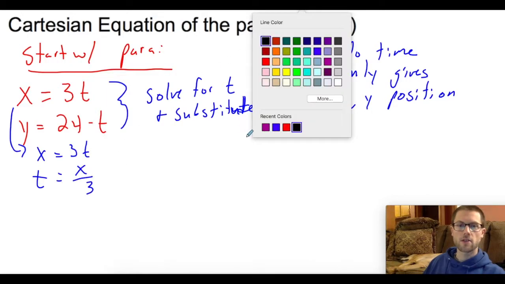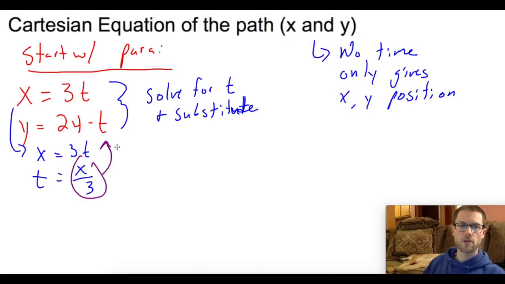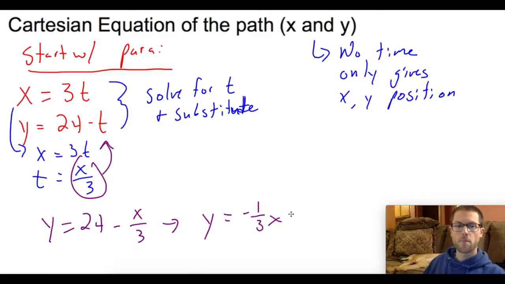And then I'll take this x over 3 and I'll substitute that right in for this t. So then I get y equals 24 minus x over 3, or I can write this in a more familiar form, y equals negative 1/3 x plus 24.